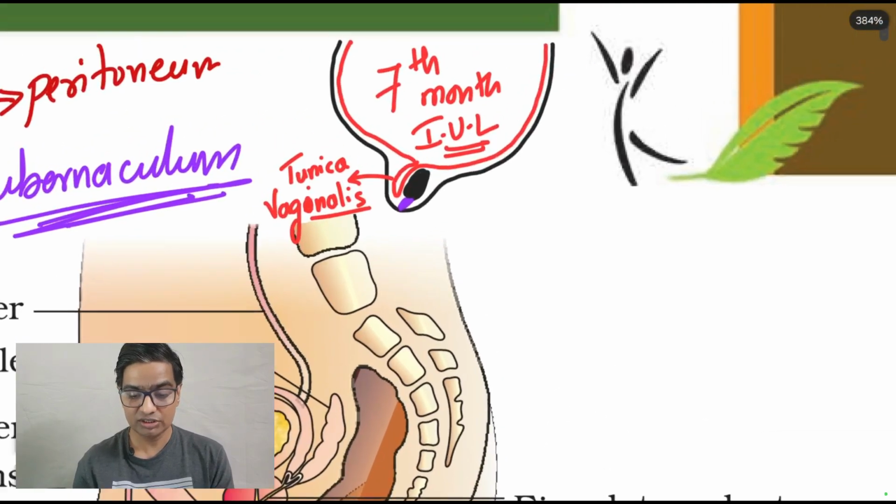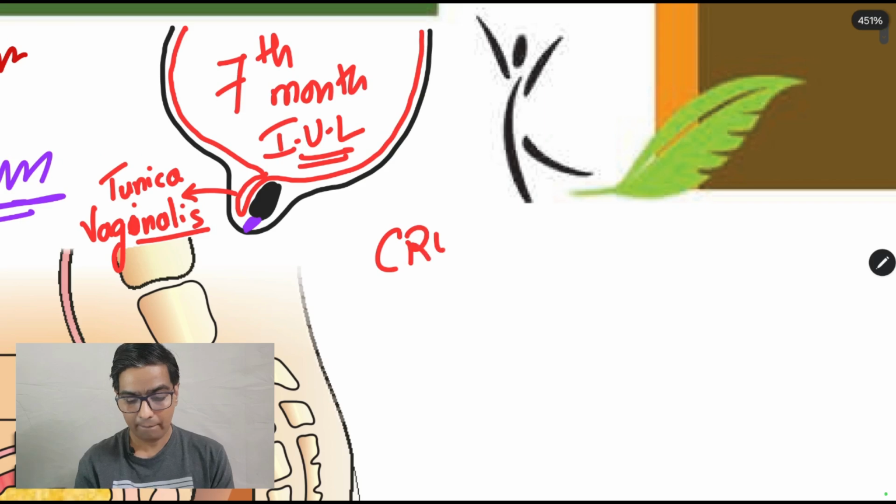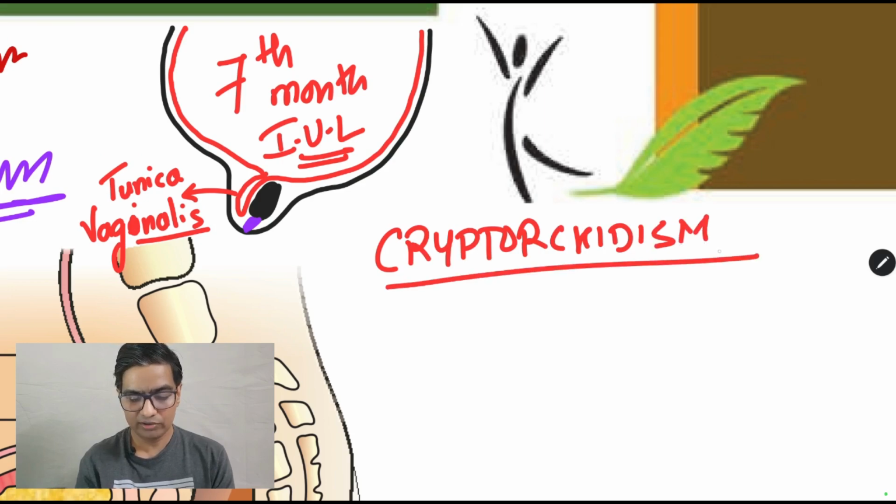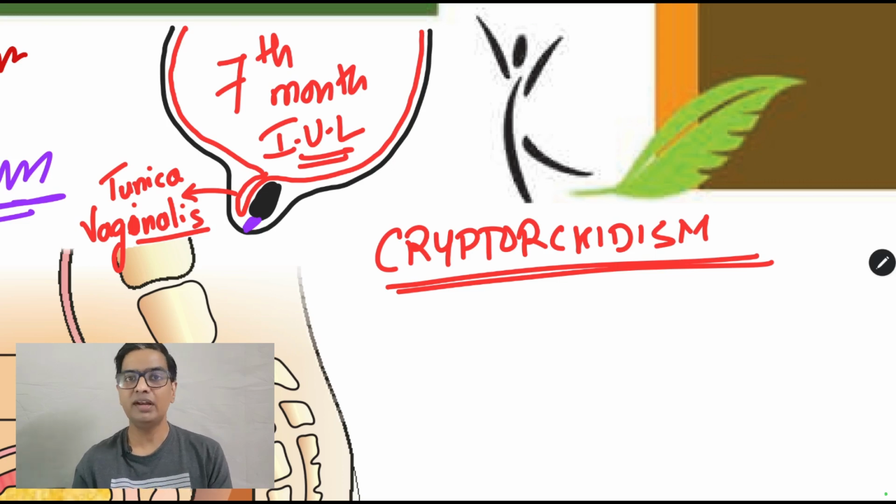Such a condition will be called cryptorchidism, also known as the hidden testes disease. Crypto means hidden, and orchis refers to the testes. So cryptorchidism literally translates into the hidden testes disease.